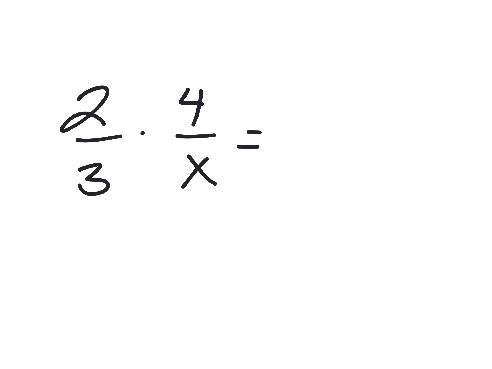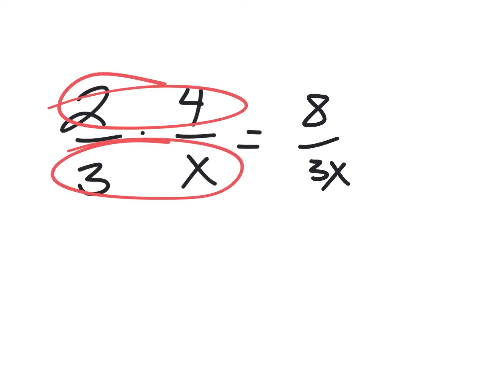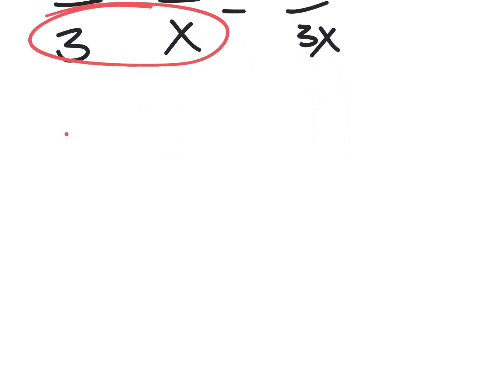Okay, did you get 8 over 3x? Because that's what you should have had. That's all you got to do. You don't need a common denominator. You are just multiplying across the top and the bottom. So easy. Sometimes kids think it can't be that easy. I must be doing it wrong. That's that easy.